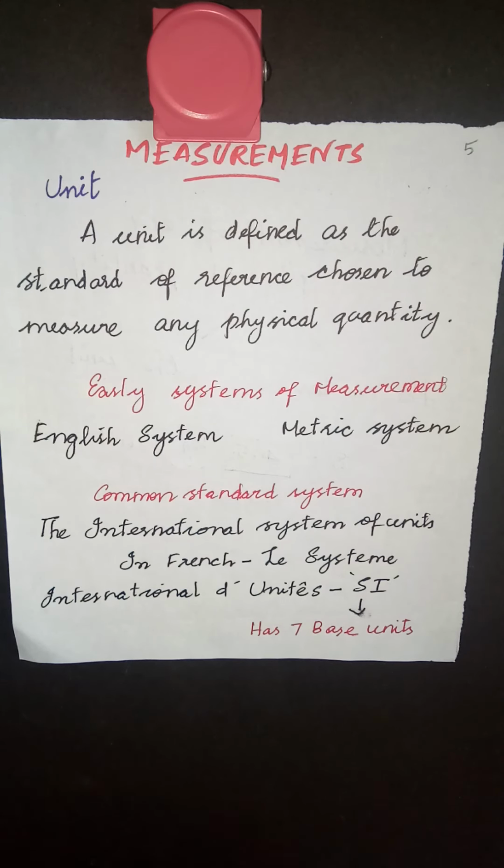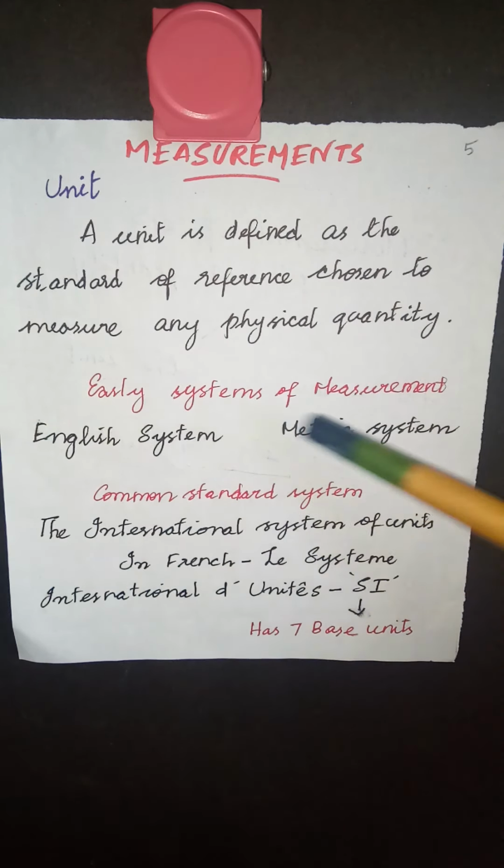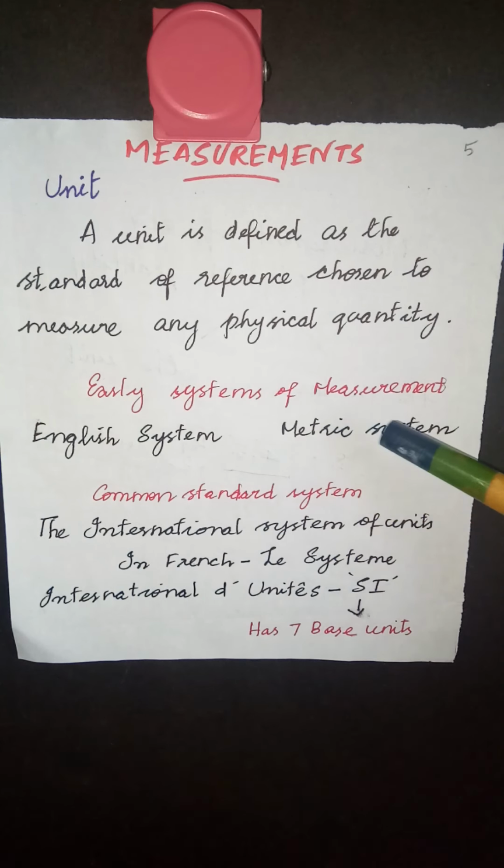Since early times, different types of units of measurements have been very popular in different parts of the world, like pounds, yards, feet, miles, inches, etc. In the early systems of measurement, there are two types, the English system and the metric system. To avoid the confusions in the English system, the French Academy of Science introduced a new system of measurement called the metric system.